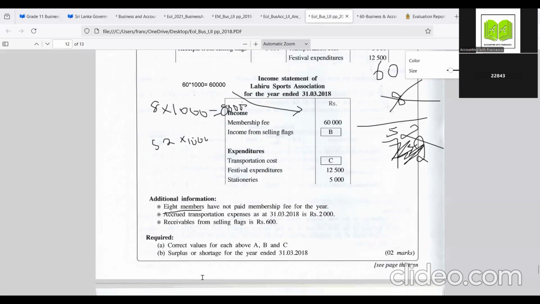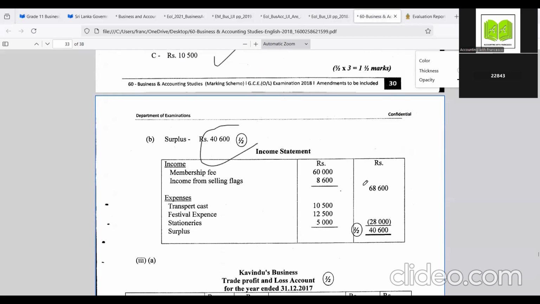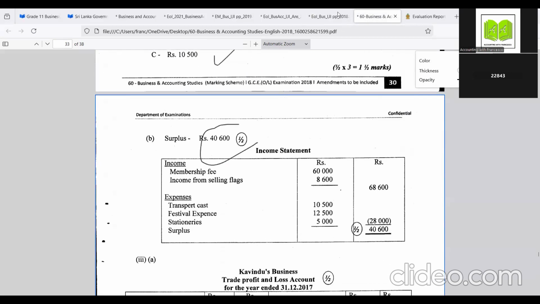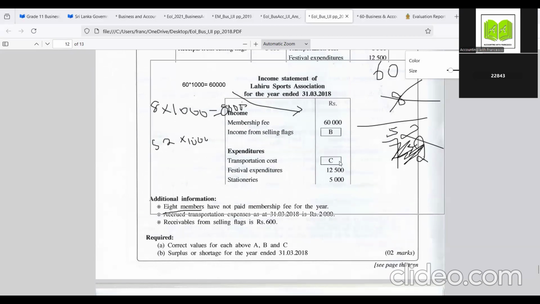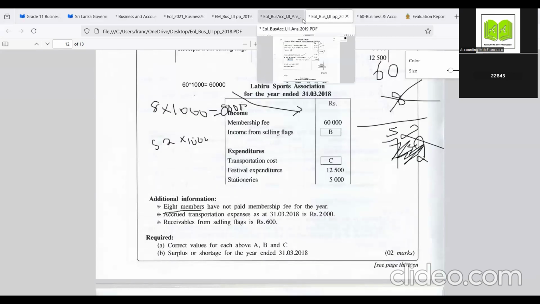Surplus or shortage, I am not going to do this. You have to add and minus and take the surplus like this. Substitute the values for B and C, and you have to take the final answer, surplus for the period.